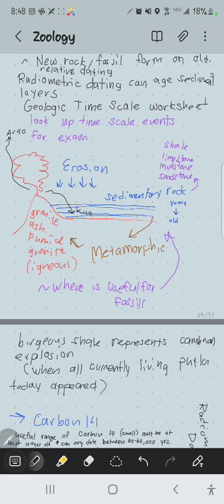Maybe this is 20 million years ago, and this is 40 million years ago. You can put a date on those layers using the radiometric technique, because the half-life is so much larger than carbon-14. The useful range is actually quite good.